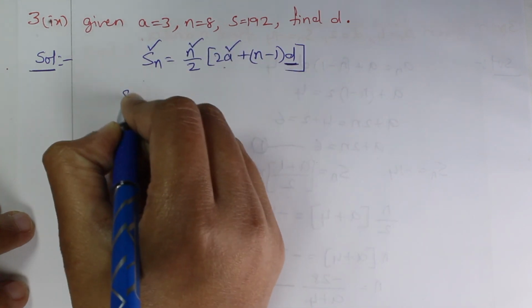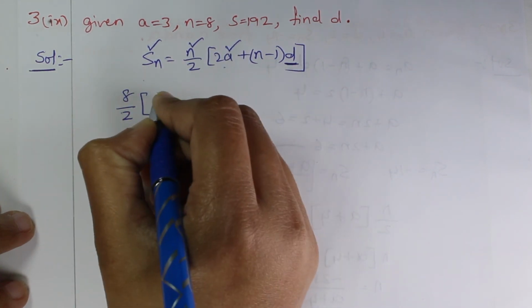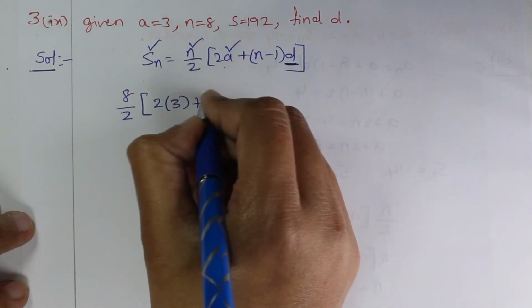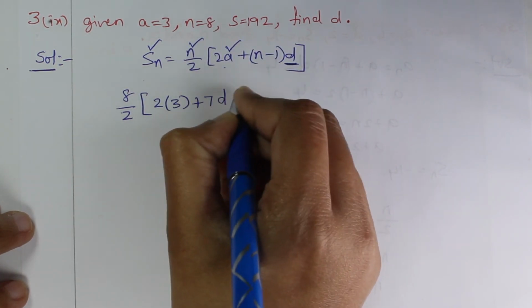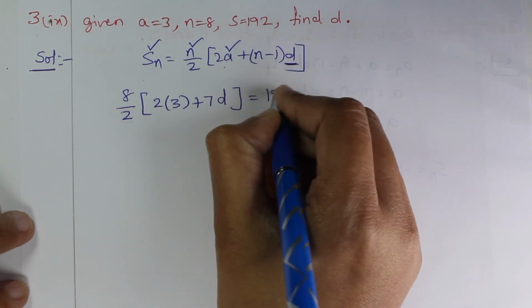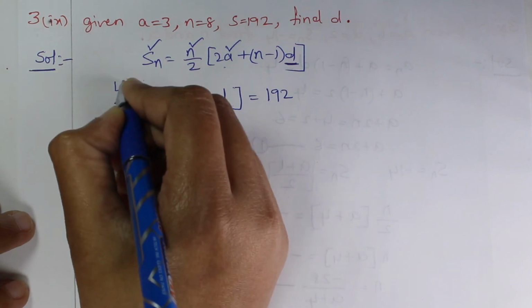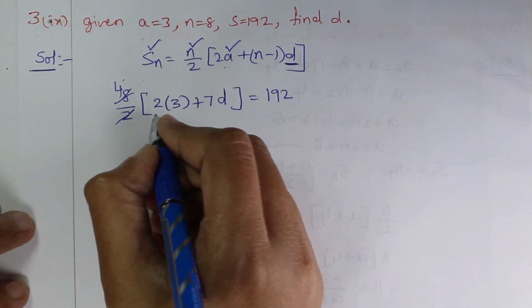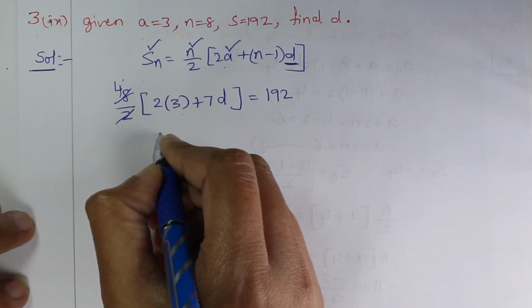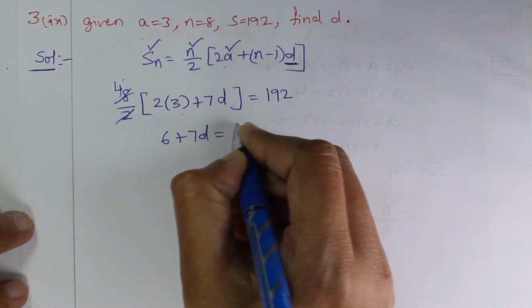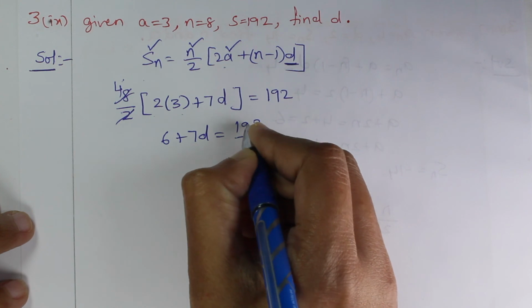So n by 2 is 8 by 2 into 2a plus 8 minus 1, which is 7, into d is equal to 192. 2 1s are 2, 4 2s are 8. So 3 2s are 6 plus 7d is equal to 192 by 4.